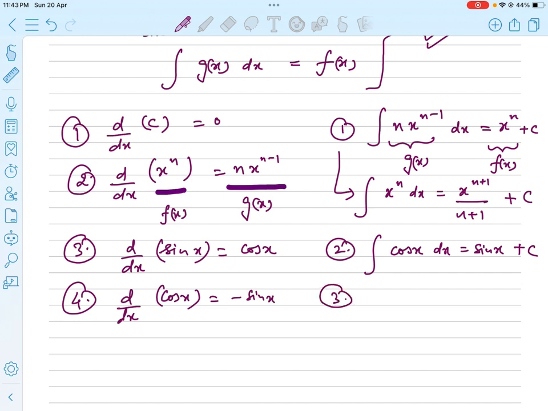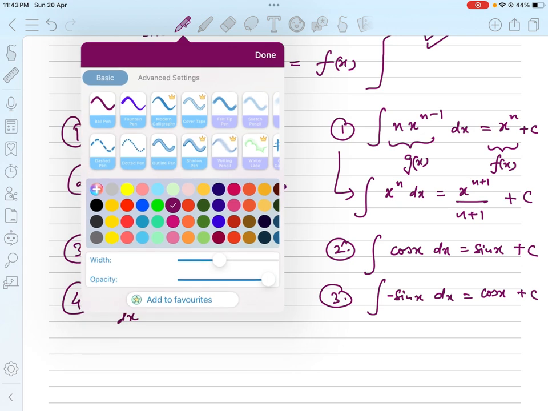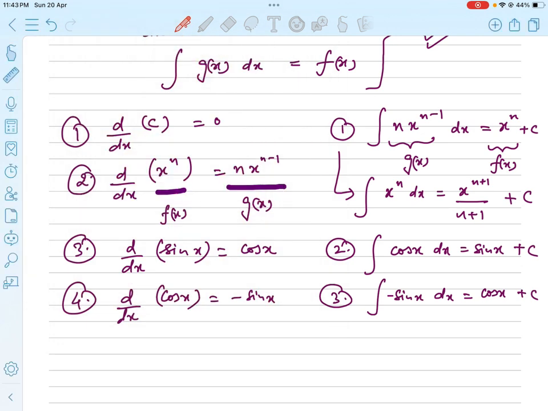So I can say integration of minus sine x dx will be cos x plus c. Now what I can do here is I can move this negative sign on the other side and I can say that integration of sine x dx is minus cos x plus c, right?